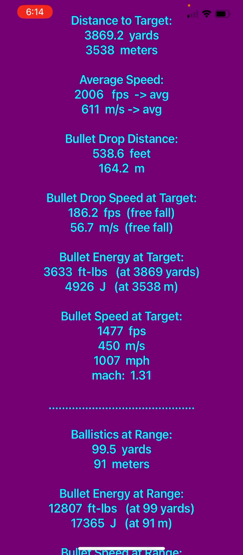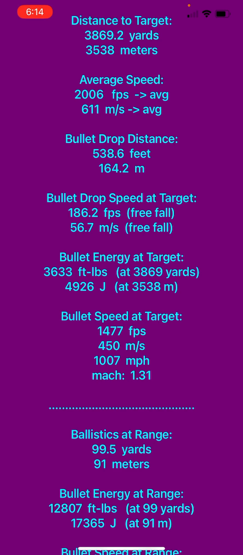All that energy had to be paid for, because unlike you in the car, where the car is providing the energy, that bullet was thrown out of the barrel, and there's only so much energy before it's gone. So the bullet energy at the target is based on that speed. You have the same mass, it's going slower, and so that gives you a different bullet energy at the target.